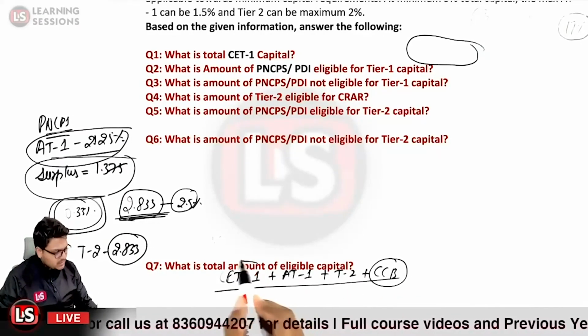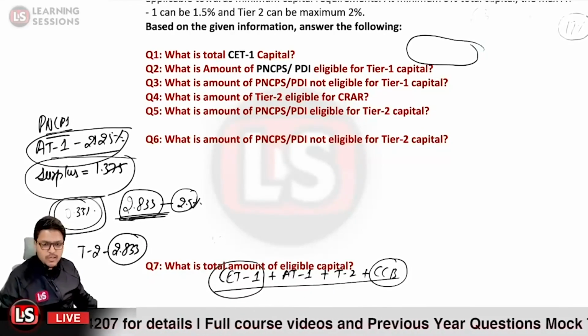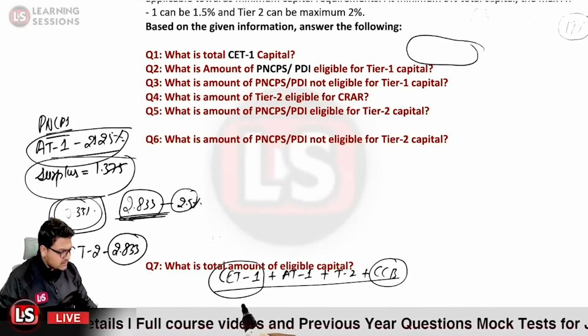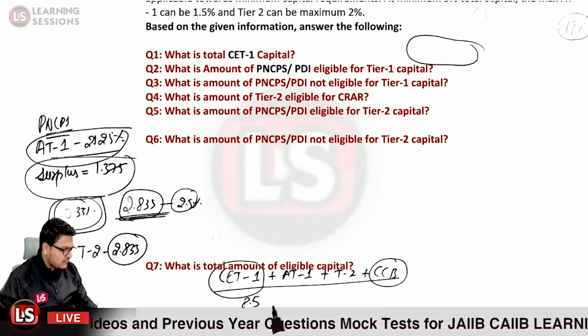For CET1, it is a maximum that you need to take, so we need not solve it particularly. It will be taken as it is, that is 8.5%.